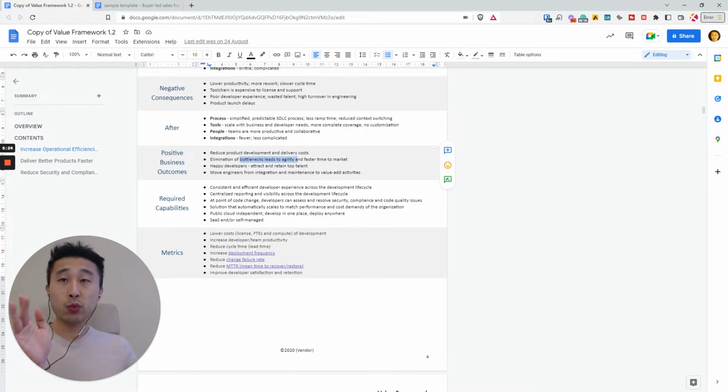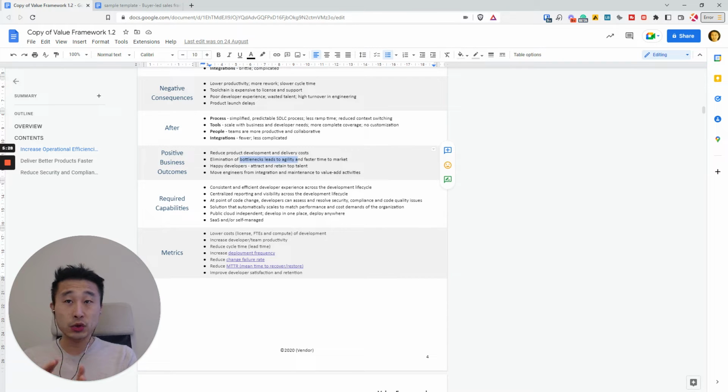Now the key thing when I see the best vendors do this is that they really think about their customers' perspective. Vendors are not trusted, right? They're always seen as salespeople. They're always trying to sell their product. So I think the key thing when you do the required capabilities is to act like a consultant, right? Maybe mention something that we don't do.